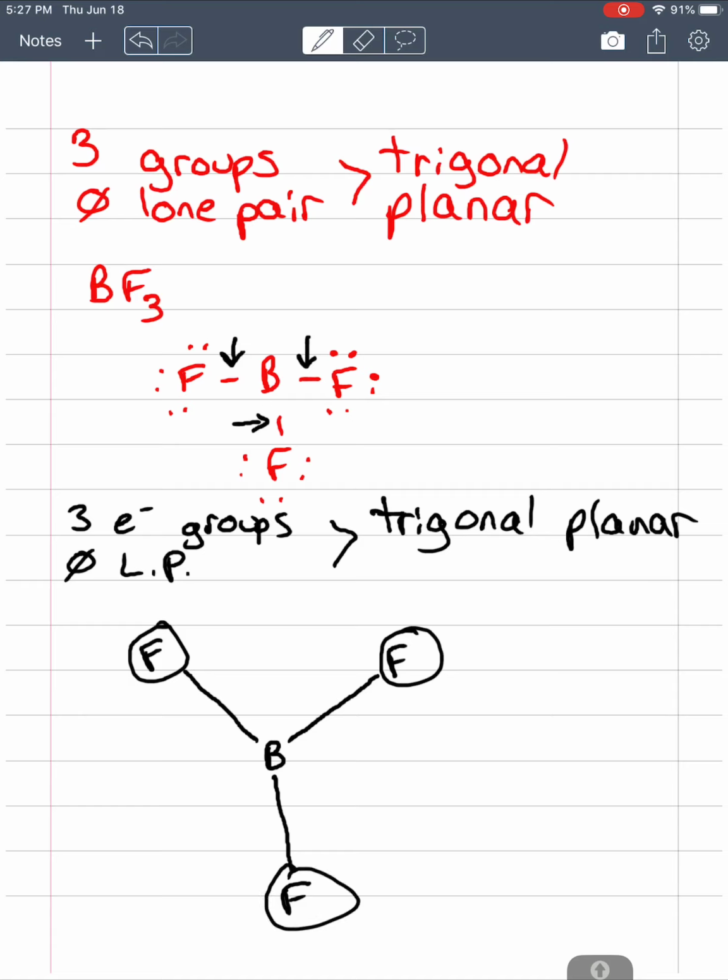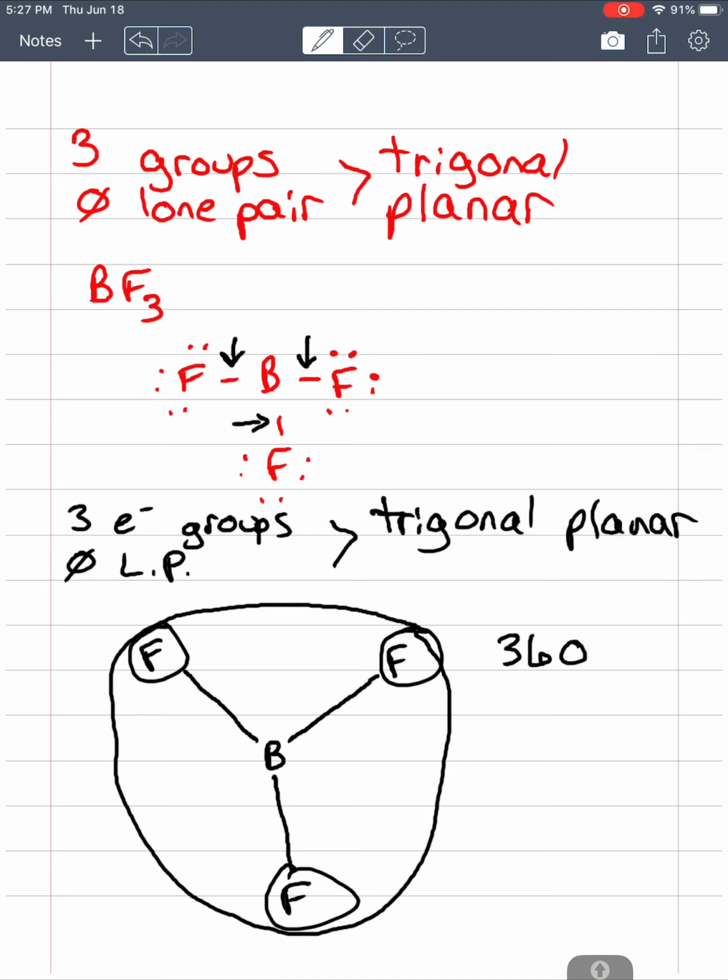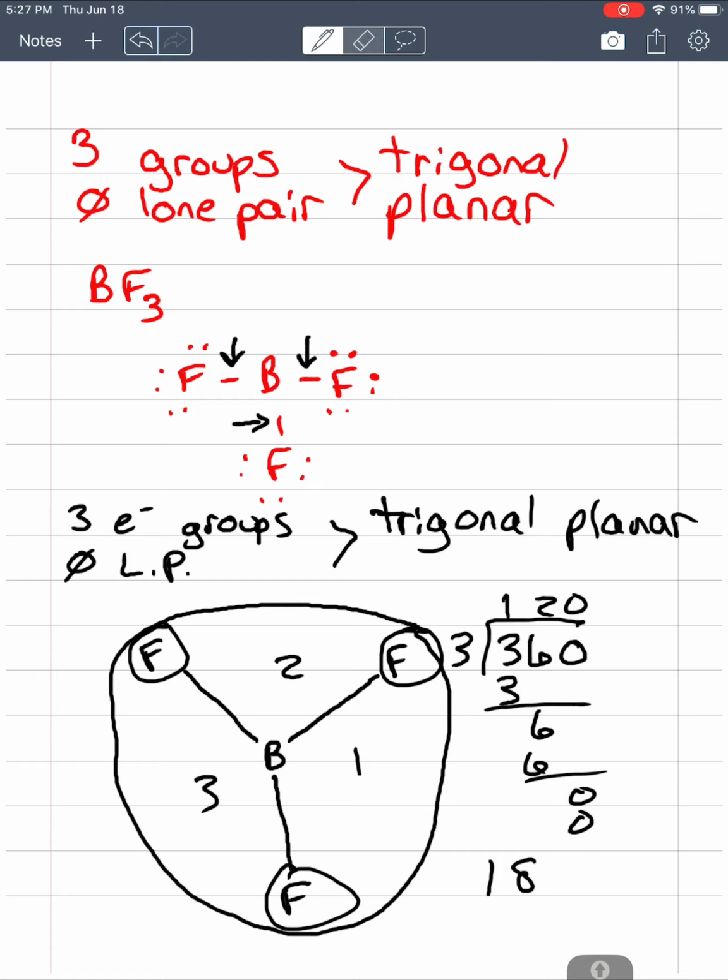So I'll draw a ball and stick structure here. If you draw a line around these, it's going to be a circle. A circle is 360 degrees. We have 3 areas, so we've got to divide that evenly by 3, leaving us 120 degrees. So trigonal planar with 120 degrees.